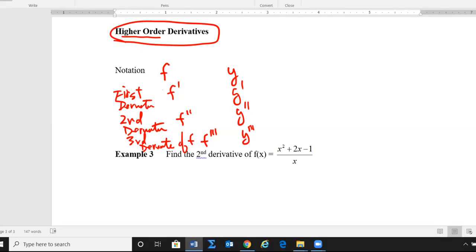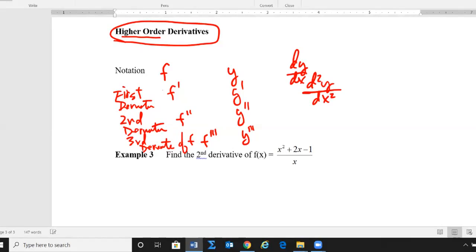Now, another notation is called the differential notation. We could have dy dx. That's our first derivative. Second derivative is written like this. And we really don't say this. In other words, there's no way to describe this. You just call it the second derivative when you see these symbols like this.